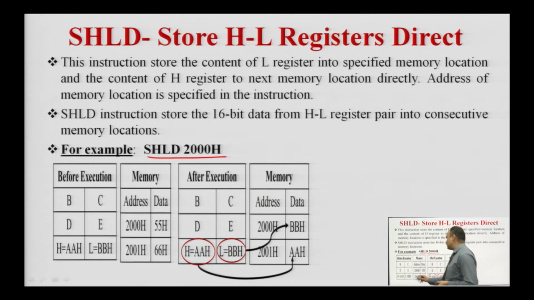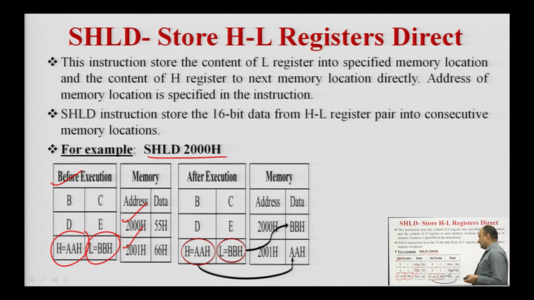Before the execution of the instruction SHLD 2000H, the content of H register is AAH and the content of L register is BBH, and the two consecutive memory locations having address 2000H and 2001H hold 55H and 66H respectively.